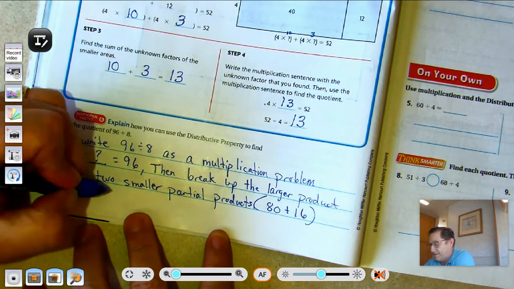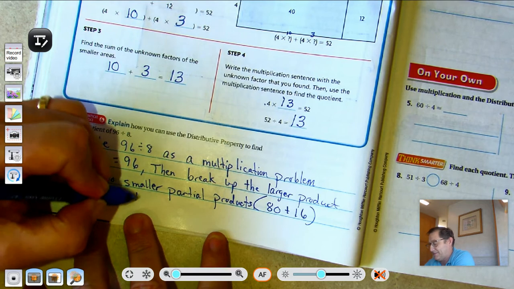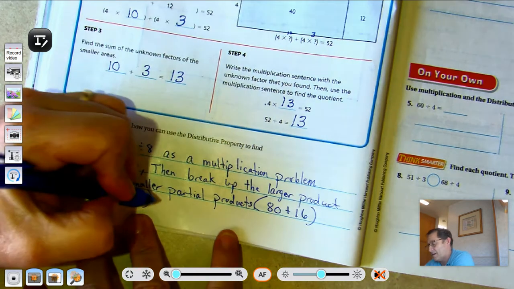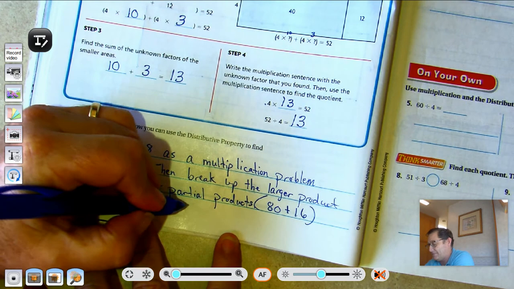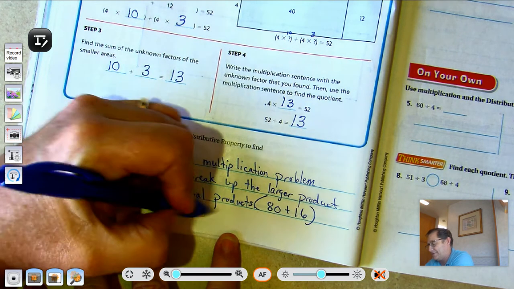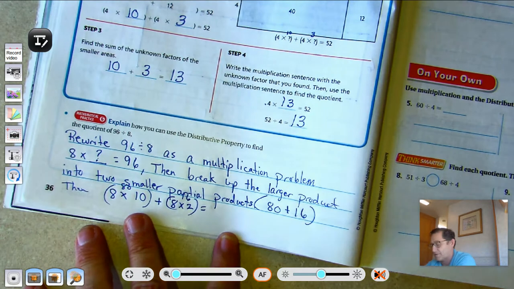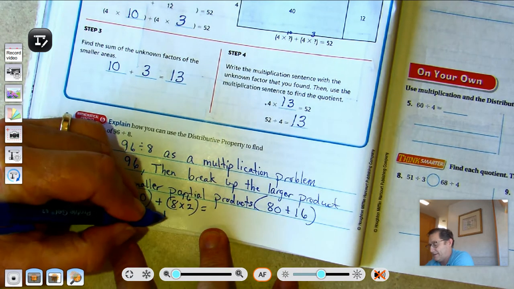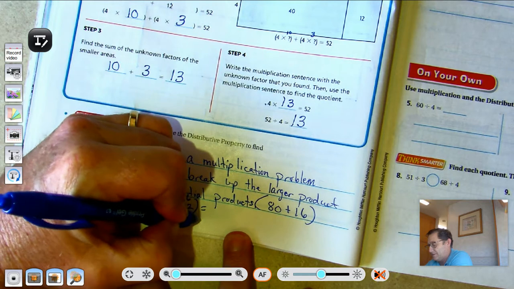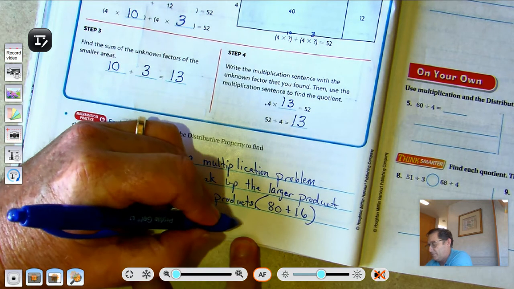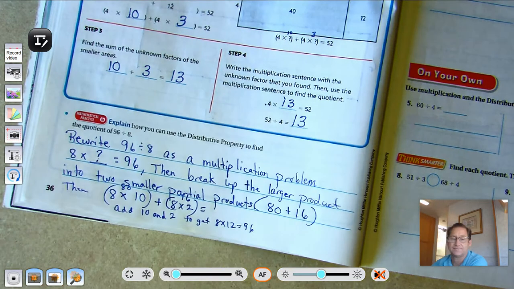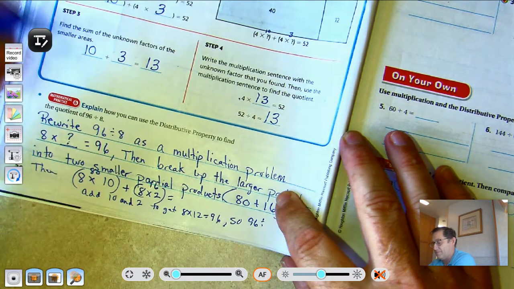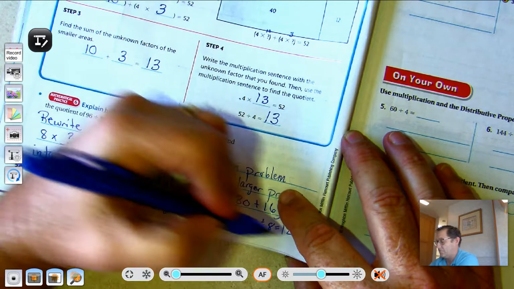Then 8 times 10 is 80 plus 8 times 2 is 16. Add 10 and 2 to get 8 times 12 equals 96. So 96 divided by 8 equals 12.